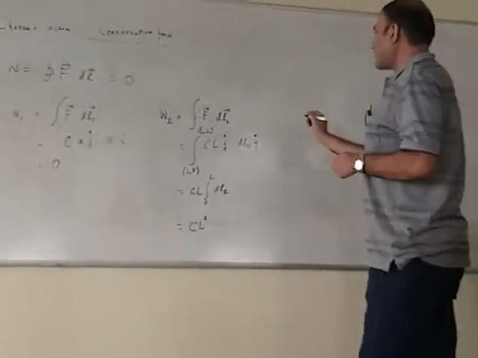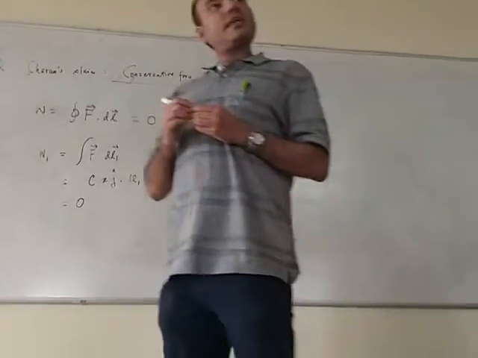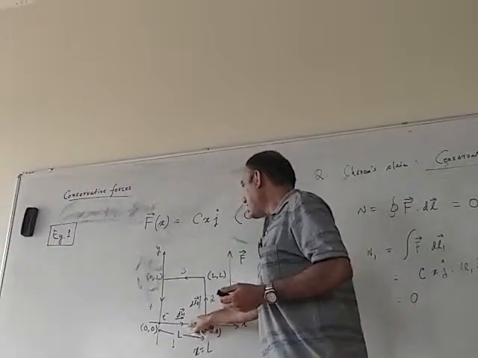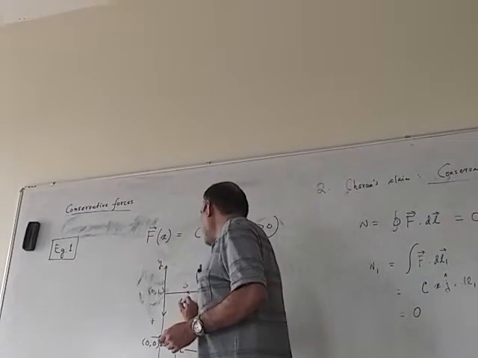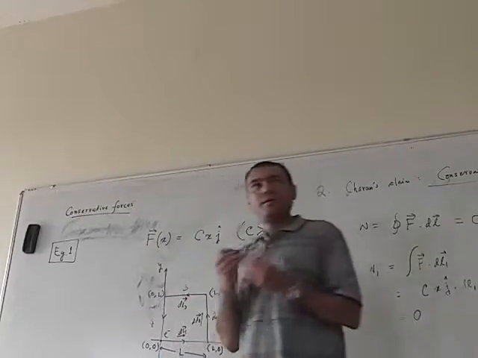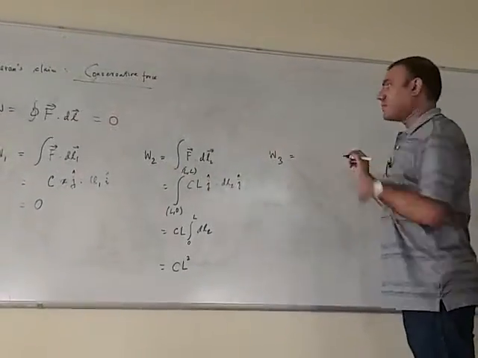Okay. So for the third leg, W3, it's again the same as W1. But rather, dl3 will pick up a minus i cap. So it's very similar to the first one.